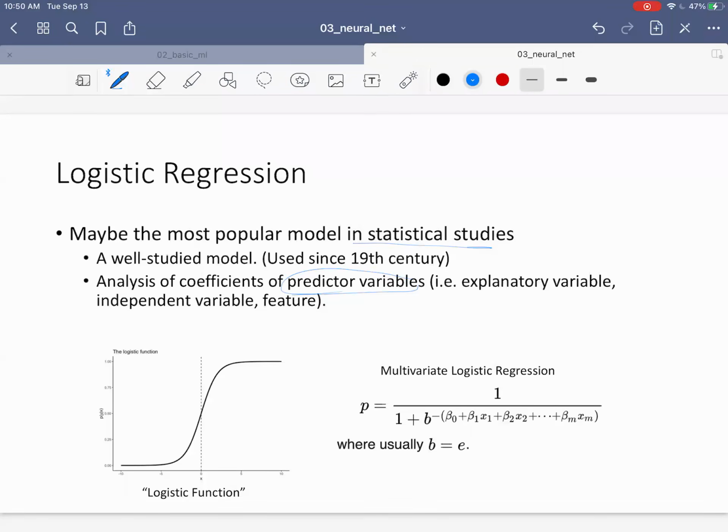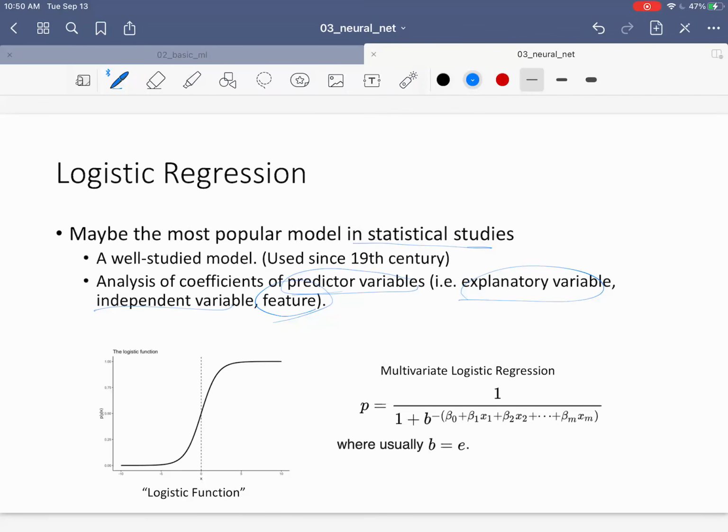That is your hypothesis, and then you train logistic regression to fit the model, and then study the coefficients. The predictor variables are sometimes called explanatory variables. In machine learning, they're usually called features, and in statistical studies, sometimes they're called independent variables.